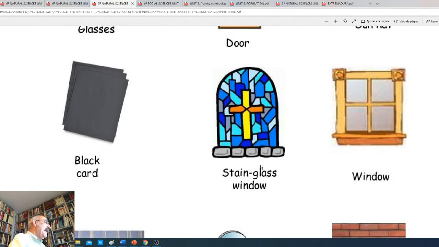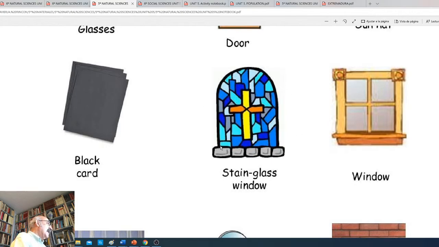Are they transparent, opaque or translucent? What do you think? A stained glass window. Is it transparent? Opaque? Translucent?